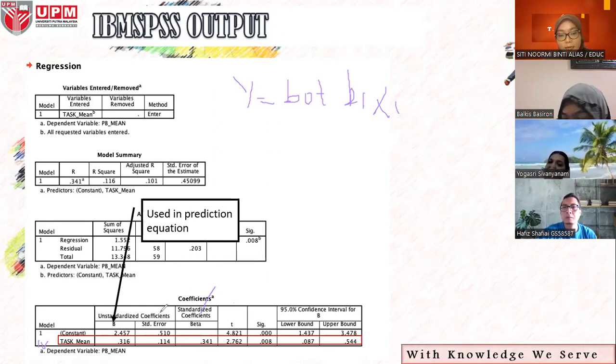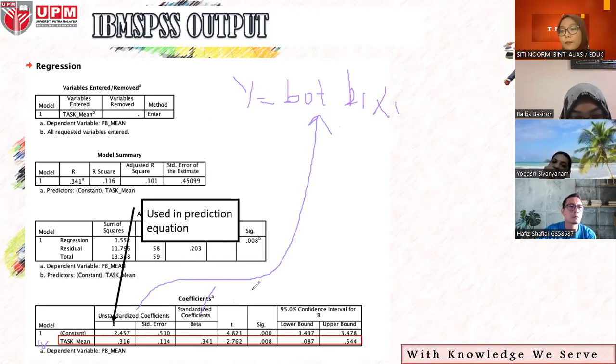Unstandardized coefficient is used in our prediction equation. T and significant T will be used to interpret whether the influence is significant or not.